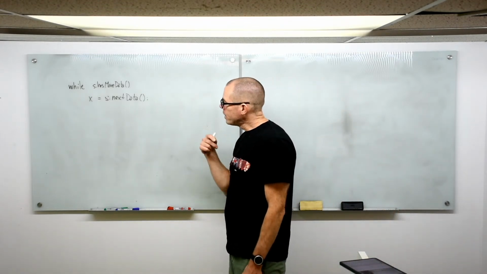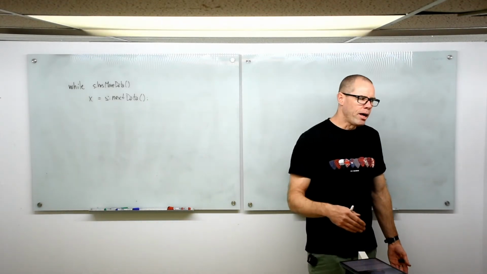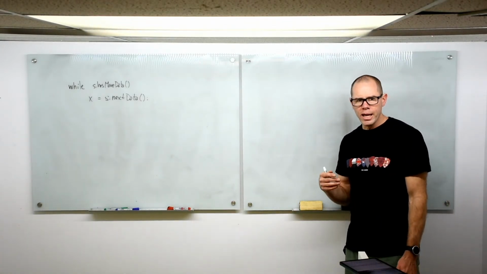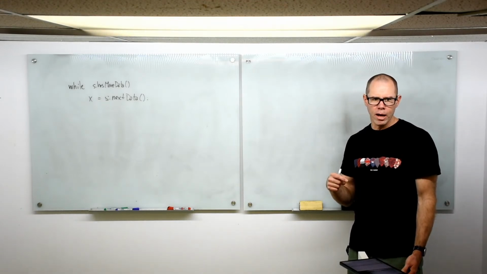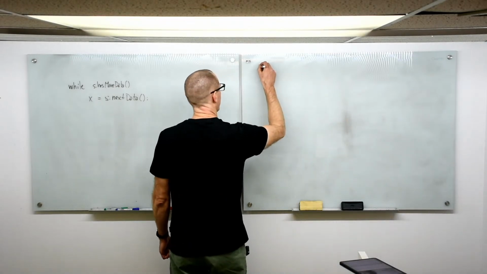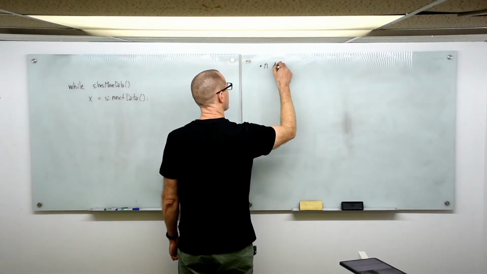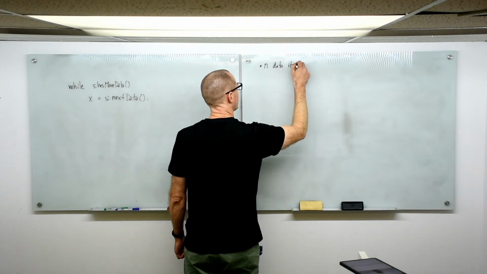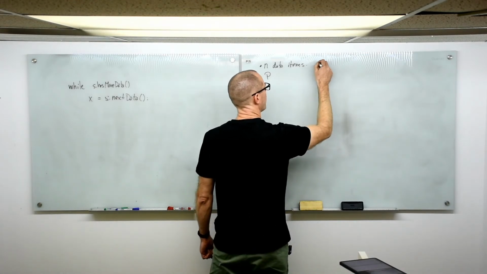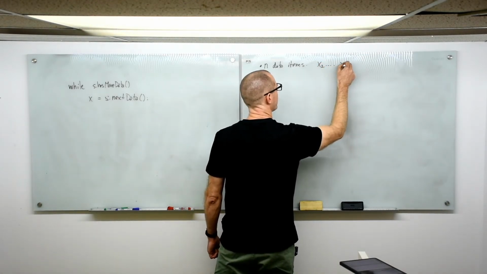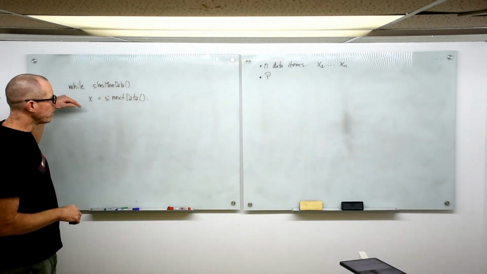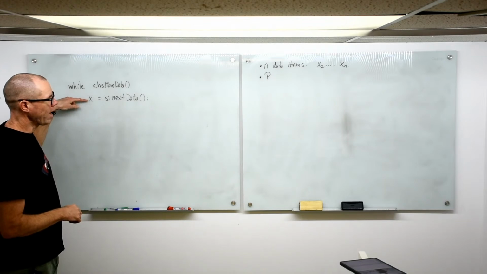So that means if at the end of the day there were n data items, then for any particular data item, the probability that I pick it is 1 over n. So if we get n data items, let's call them x1 through xn. These are the values of x as you go through this loop n times.